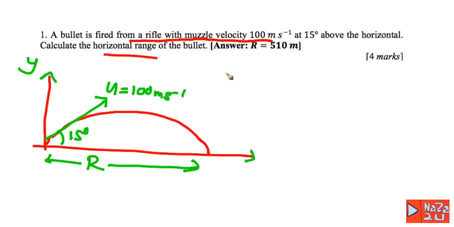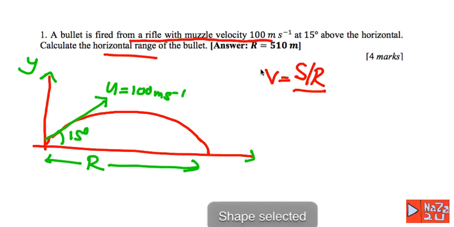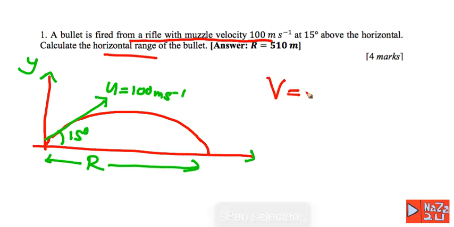You can start to calculate R here, because velocity is equal to the distance or displacement R divided by time t.